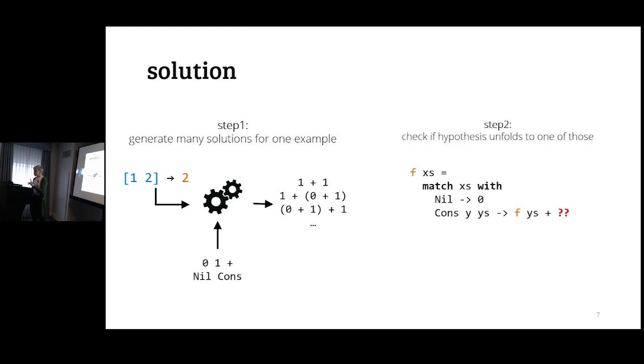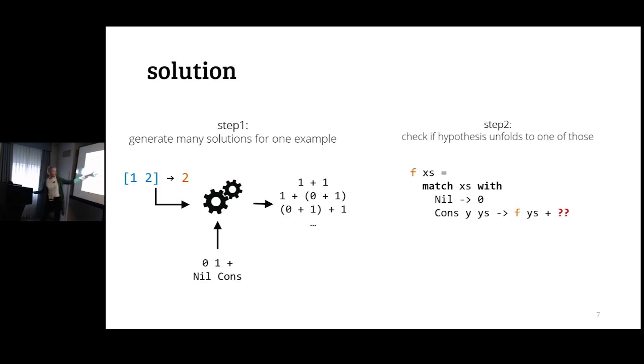Then step 2, once we have a hypothesis, which is a recursive hypothesis, right, that we want to check if it's feasible, if we should throw it out or we should keep it, if it's hopeless. What we can do is try to see if it matches any of these things here, right, on this particular example? And to do that, we symbolically execute or unfold this hypothesis, right?